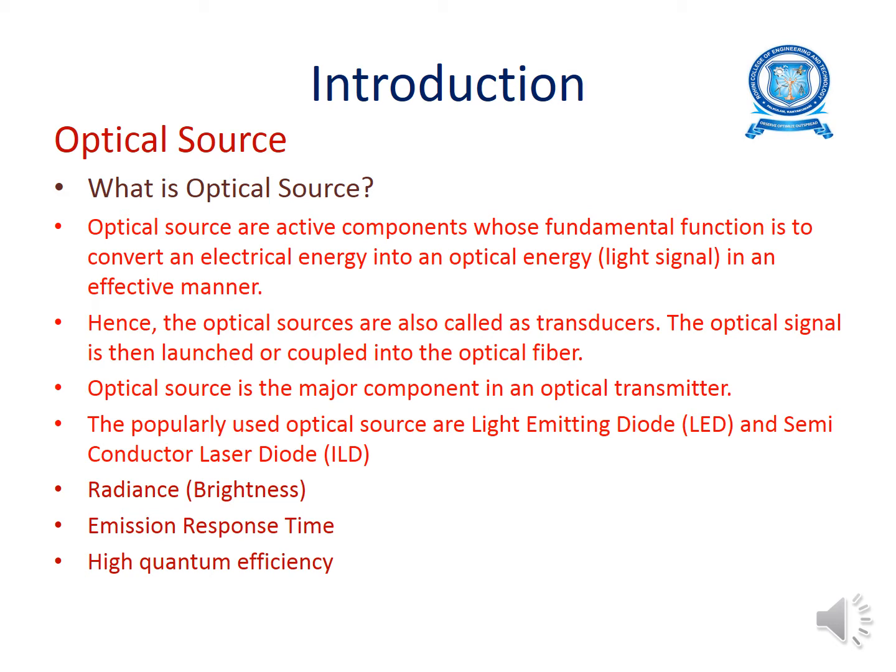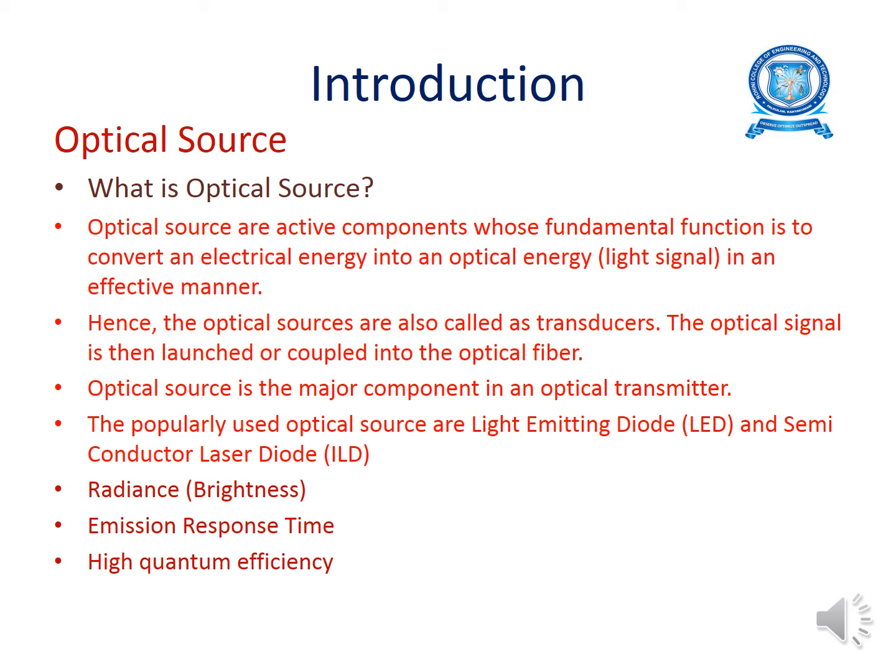In the optical light source, three major parameters are considered: radiance, referred to as brightness, emission response time, and high quantum efficiency. The LED or laser used in fiber transmission applications should have high radiance output, fast emission response time, and a high quantum efficiency.